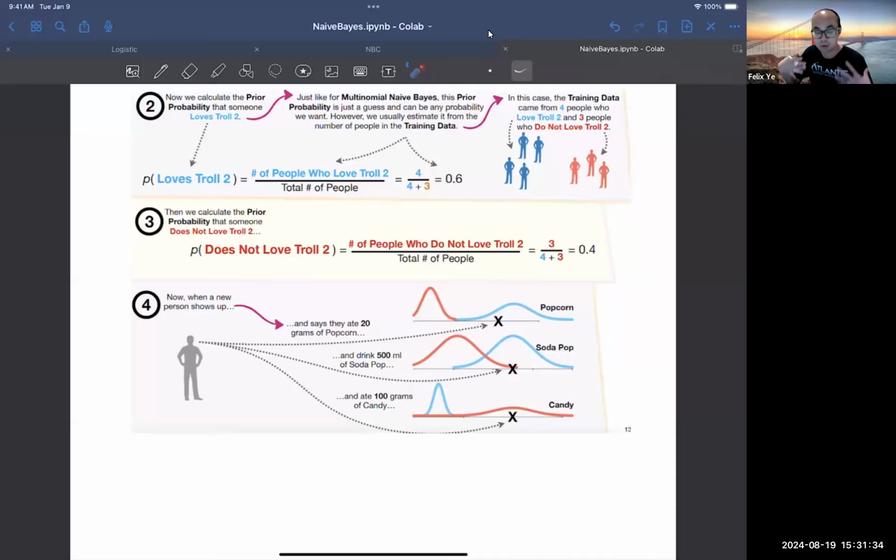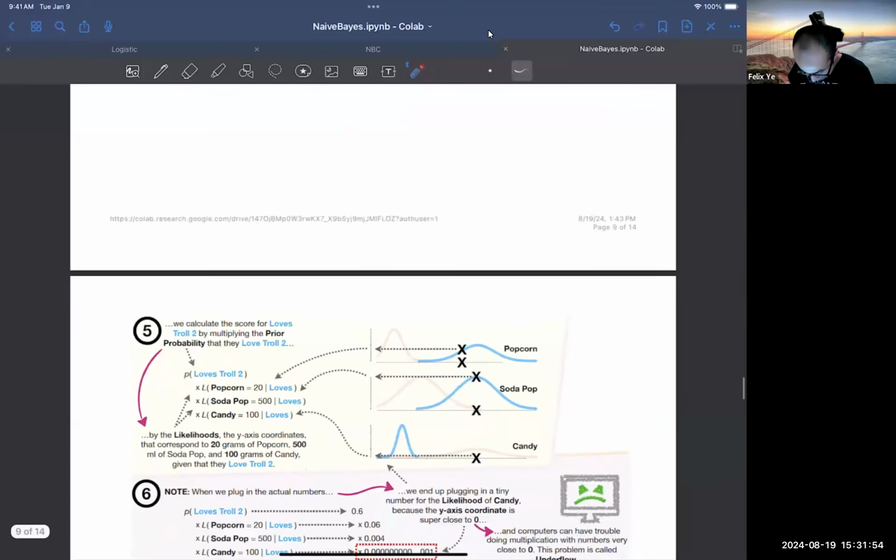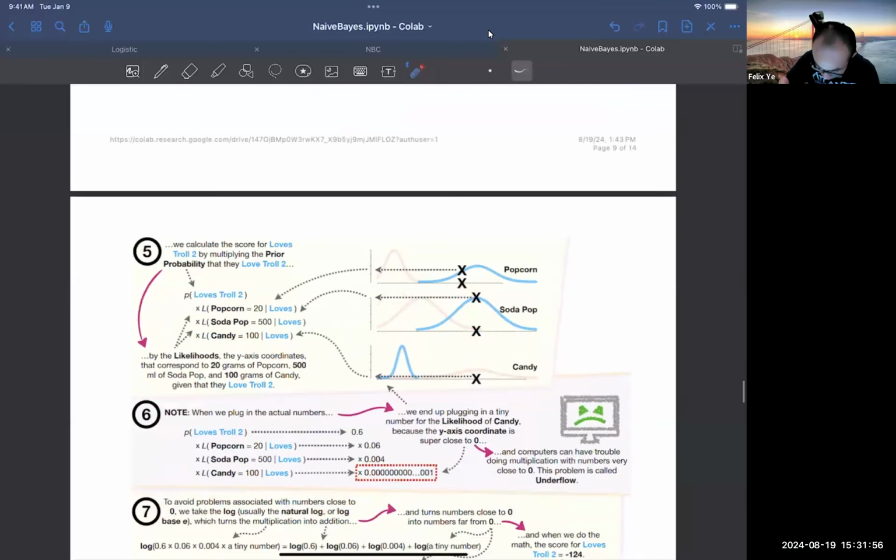And if you believe he likes Troll 2, we can send him some targeted advertisement to encourage him to watch these movies. So with the information we got for this person, we want to calculate the probability.